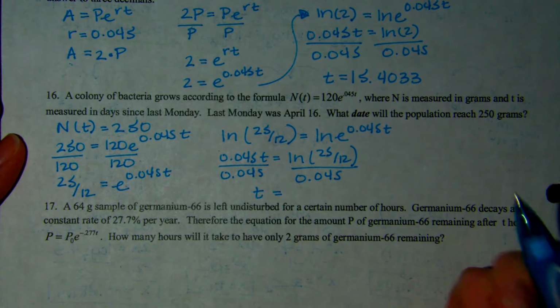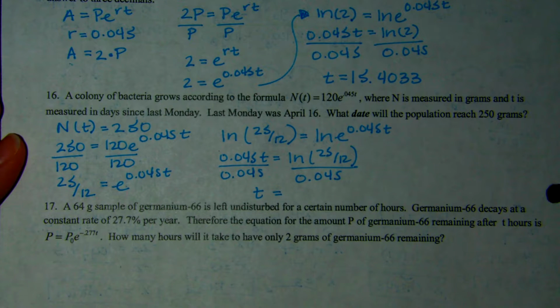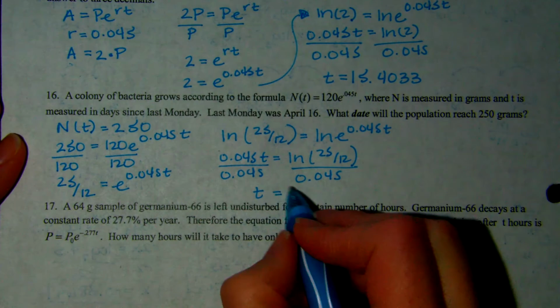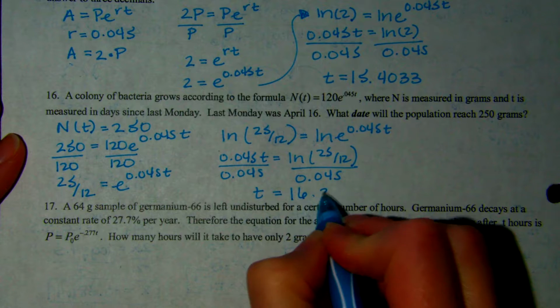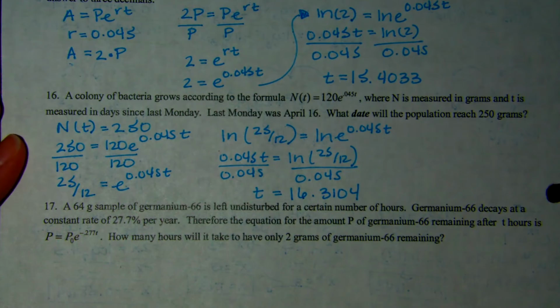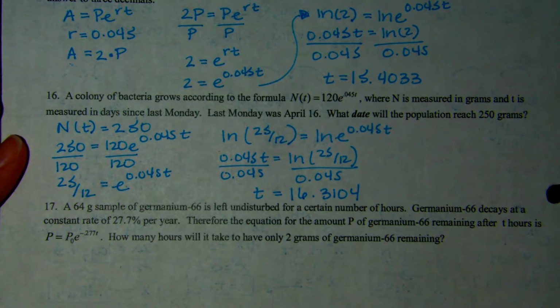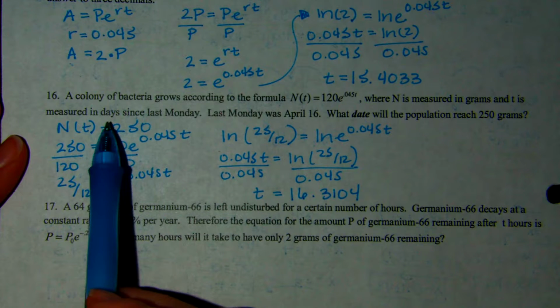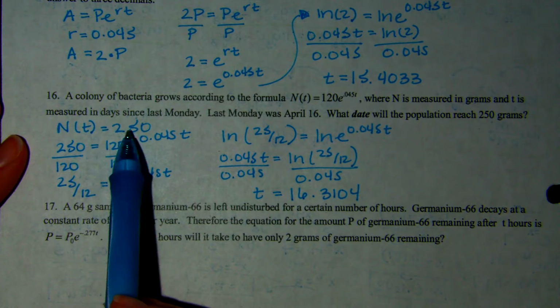So t is equal to the natural log of 25 over 12 divided by 0.045. And that is 16.3104. That's how many days since last Monday it took for the population to reach 250 grams.